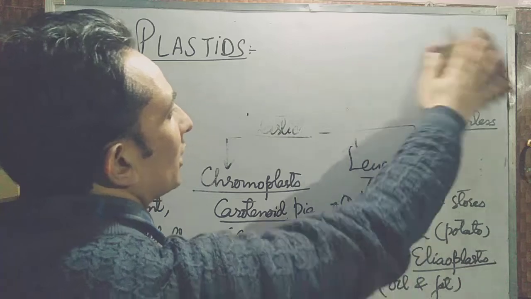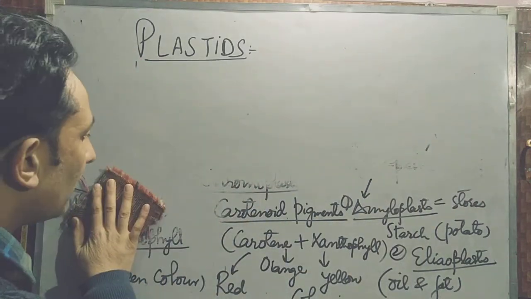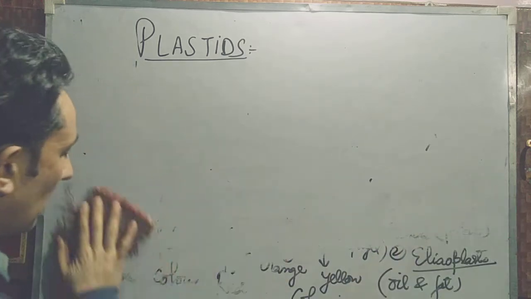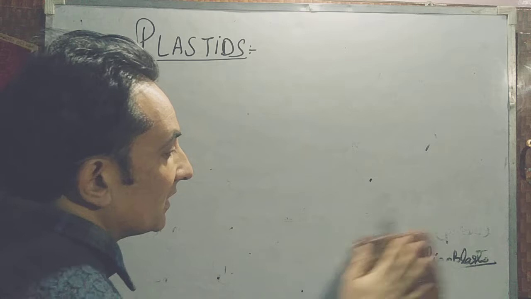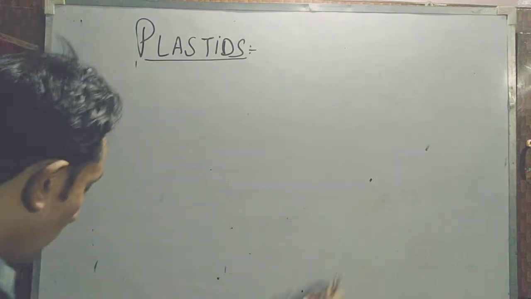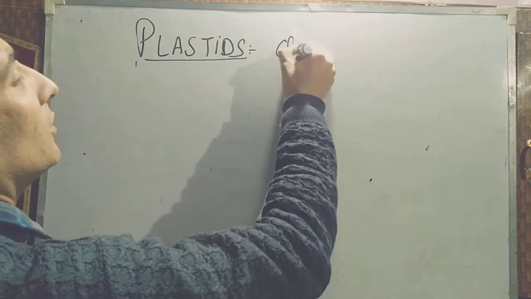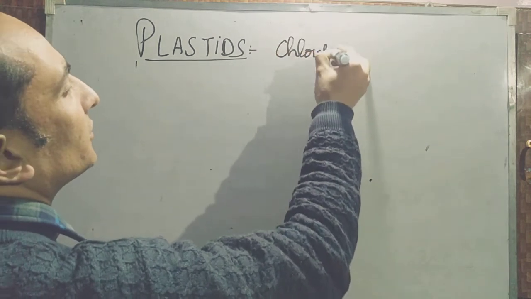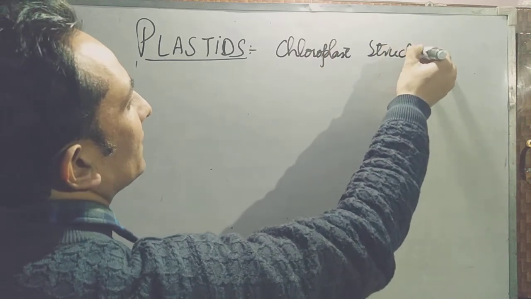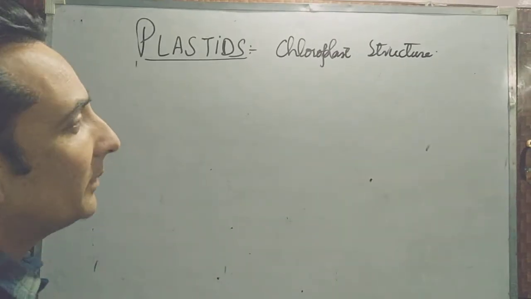Now we shall move on to understanding the structure of plastids, and particularly the structure of the chloroplast as a representation of a plastid. Before we deal with the detailed structure, we'll make some quick points.